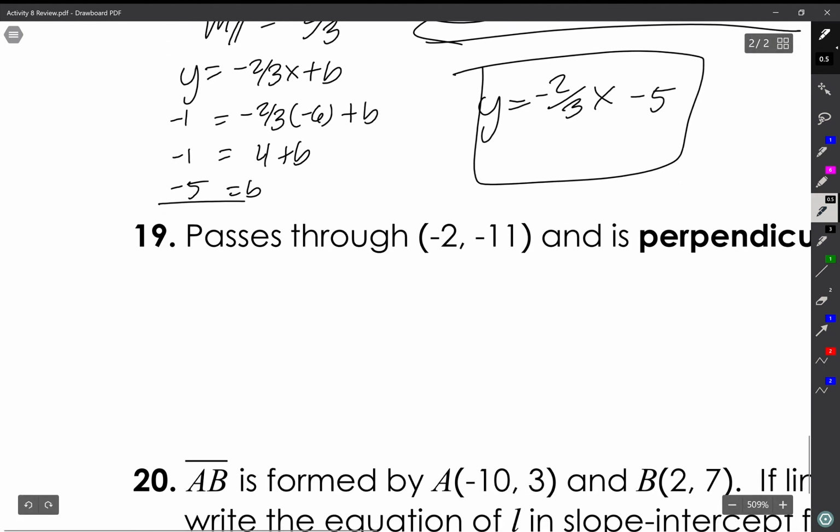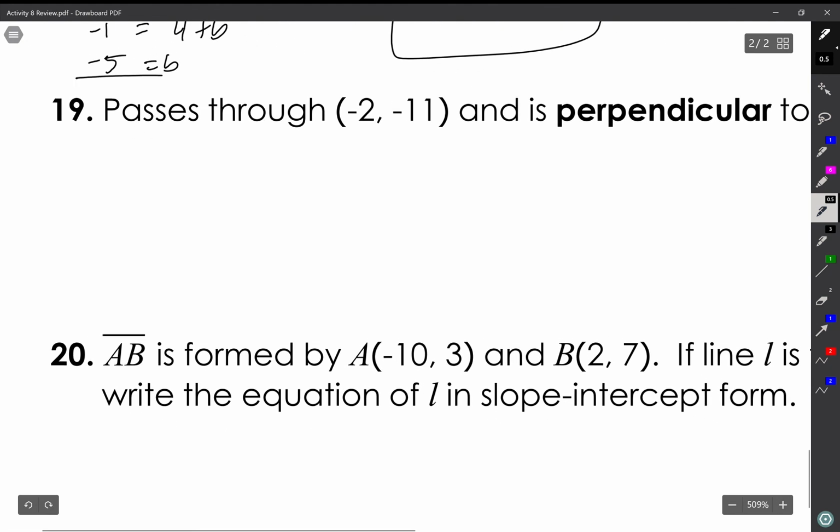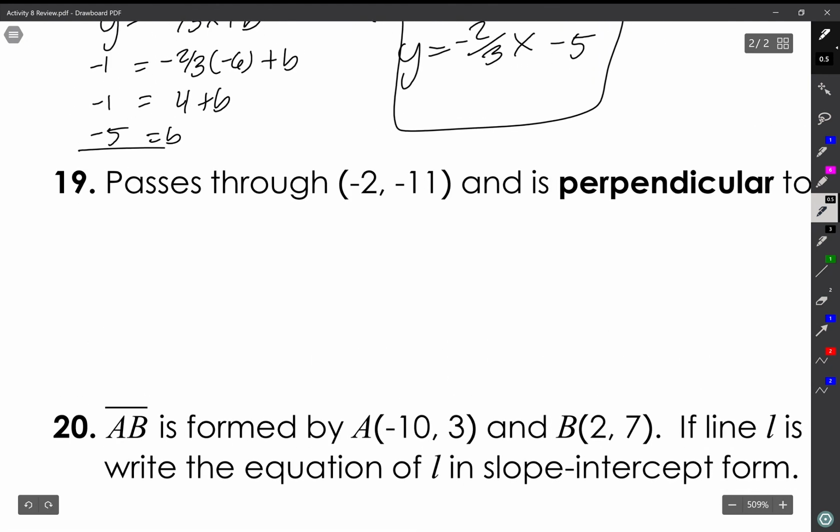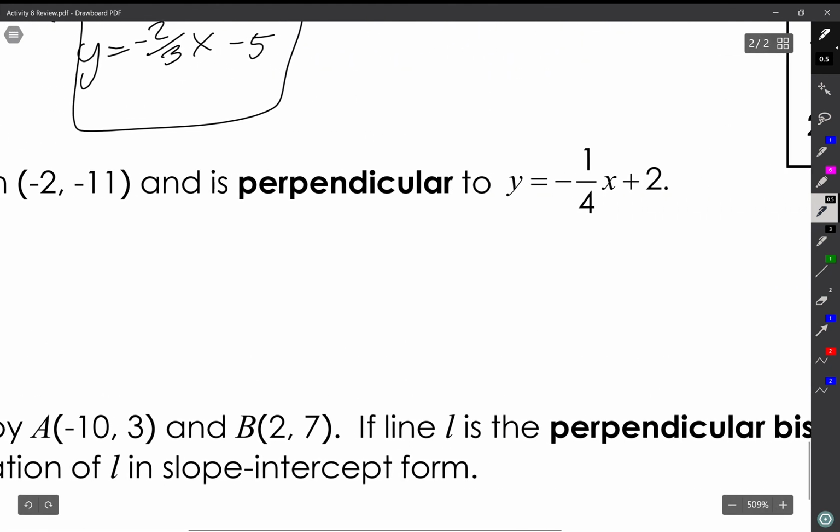Okay. Now we've done parallel. Now let's do perpendicular. So number 19, our equation passes through (-2, -11) and is perpendicular to this line, y equals -1/4 x plus 2. Remember, if I know it's perpendicular, my line is perpendicular to the line given right here, which has a slope of -1/4.